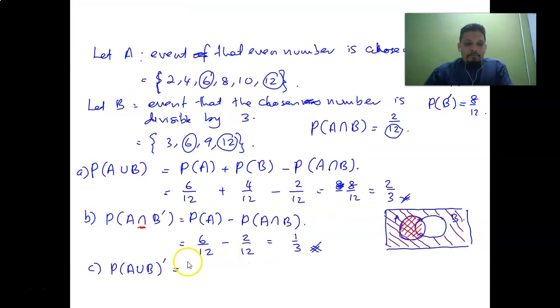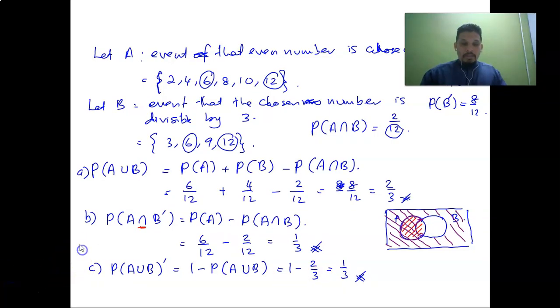So we call the probability of not even and not divisible by 3. Then it is 1 minus the probability of A union B, equal to 1 minus 2/3, equal to 1/3. Okay, next.